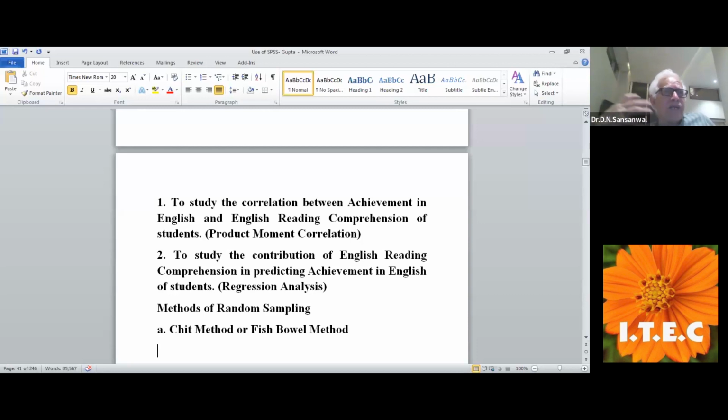So how many chits can you make comfortably? Is it 1,000, 250, 40? How many chits will you be able to make easily? Is it 40, 50, 100, 200, 1,000, 2,000, 10,000?